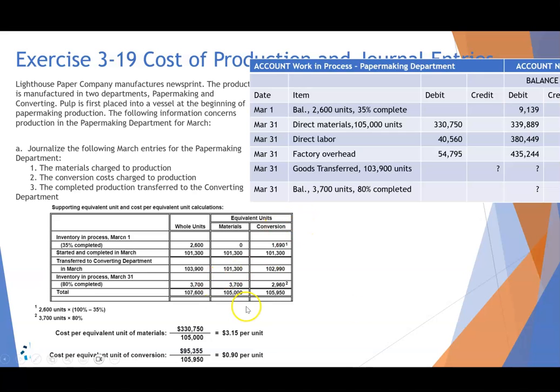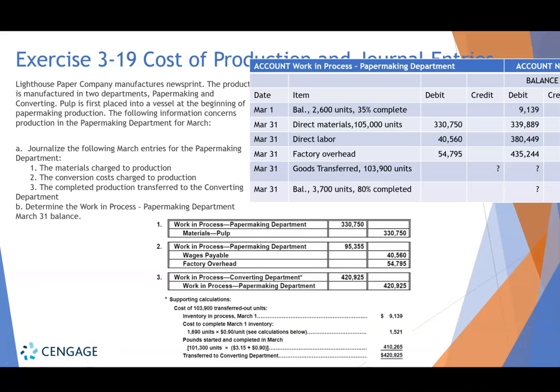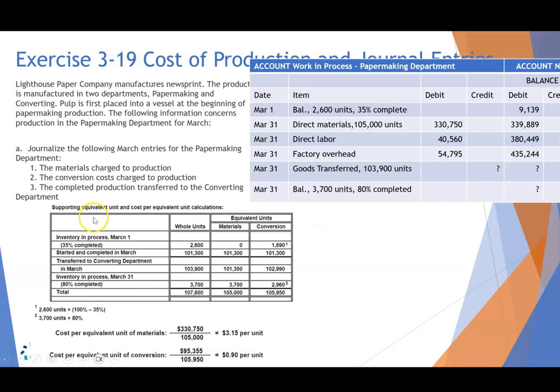Here is how you see we needed to know the equivalent units. We take all of our costs and, in terms of materials, we take our 330,750, divide that by our equivalent units of 105,000 to get the $3.15 per unit of materials.